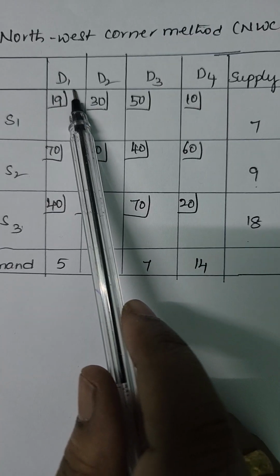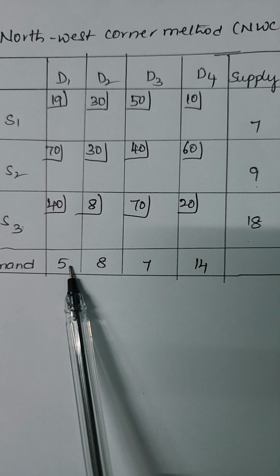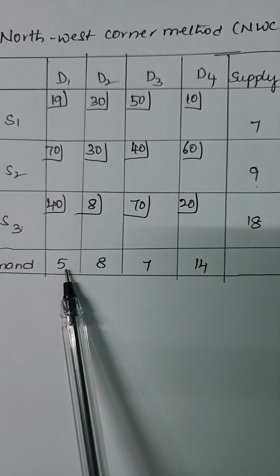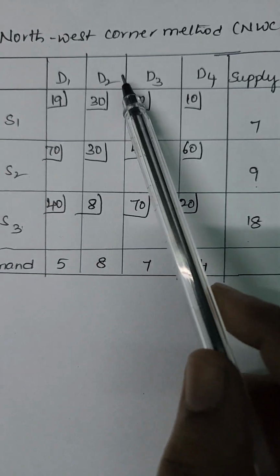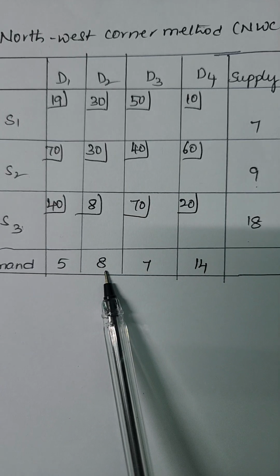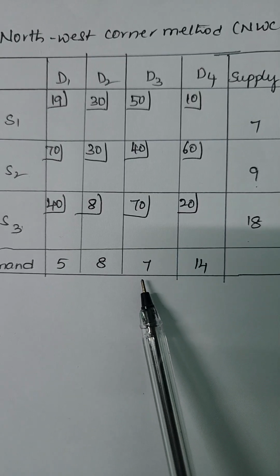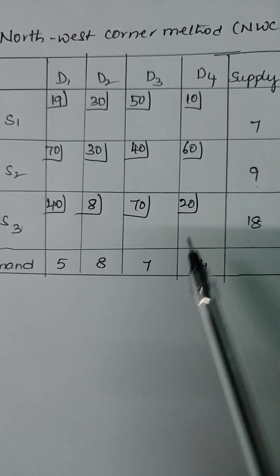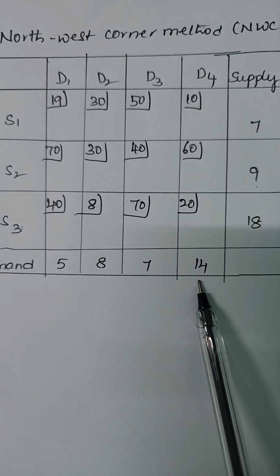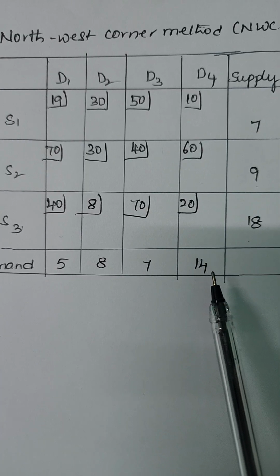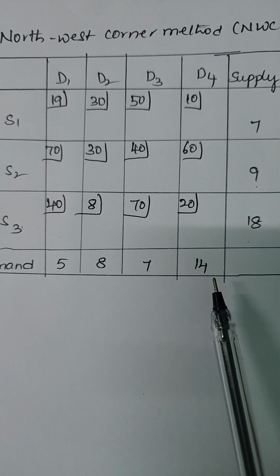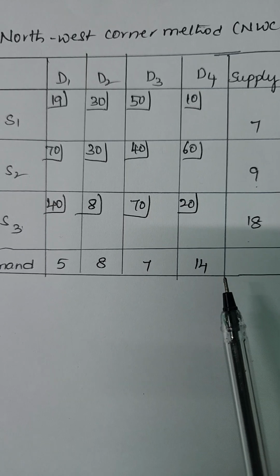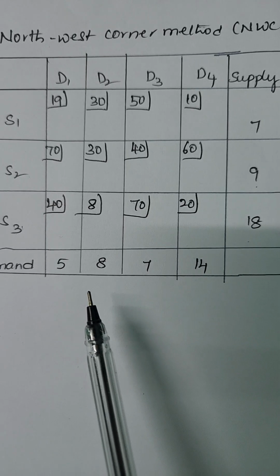At D1 the requirement is 5 units. Here the requirement is in hundreds, 500 units, and at D2 the requirement is 800 units, at D3 the requirement is 700, and at D4 the requirement is 1400 units. So here we are going to find the transportation cost by the northwest corner method.